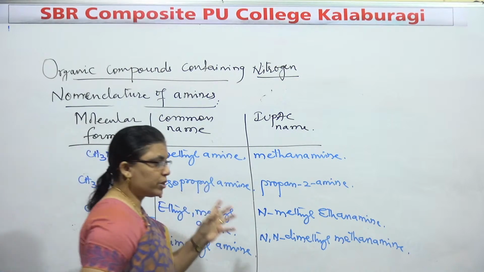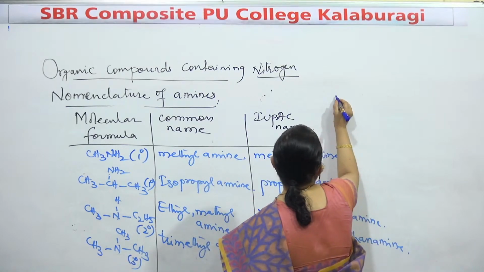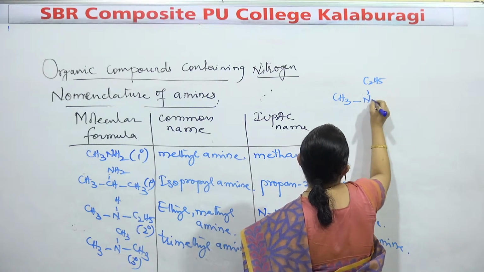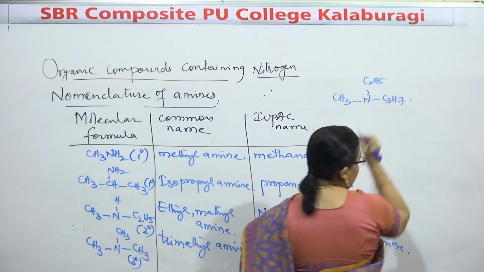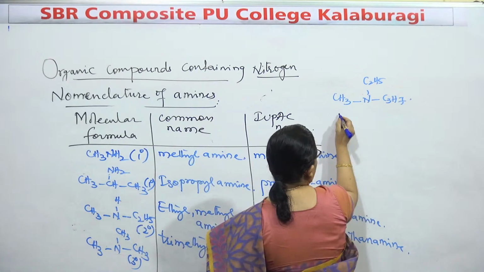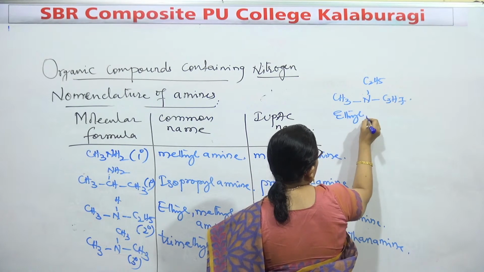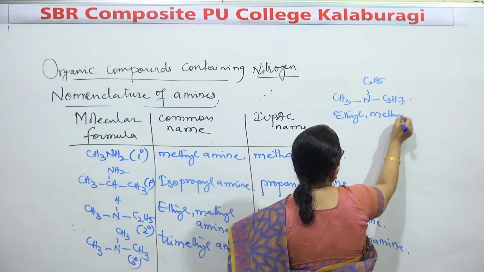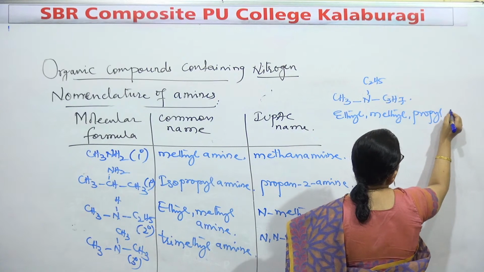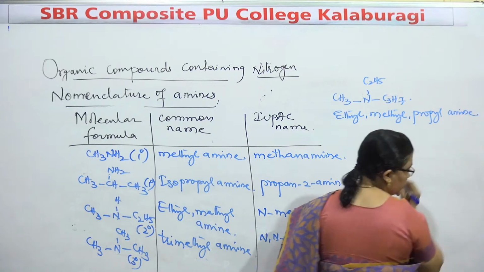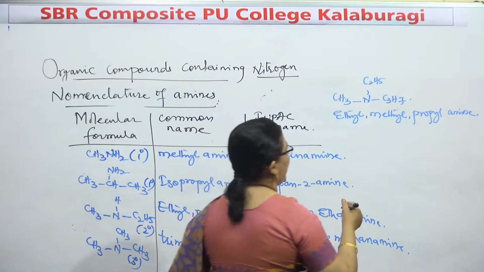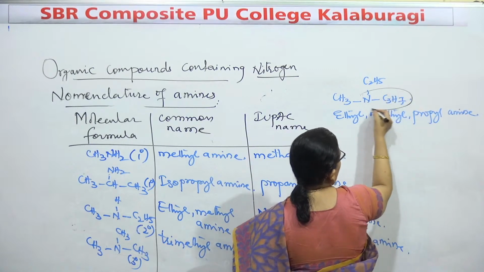If we are going to take the tertiary amine containing on one side CH3 and C2H5, this will be C3H7. According to the common system, you can call it ethyl methyl propyl amine. Whereas according to the IUPAC system, the parental chain is propanamine.